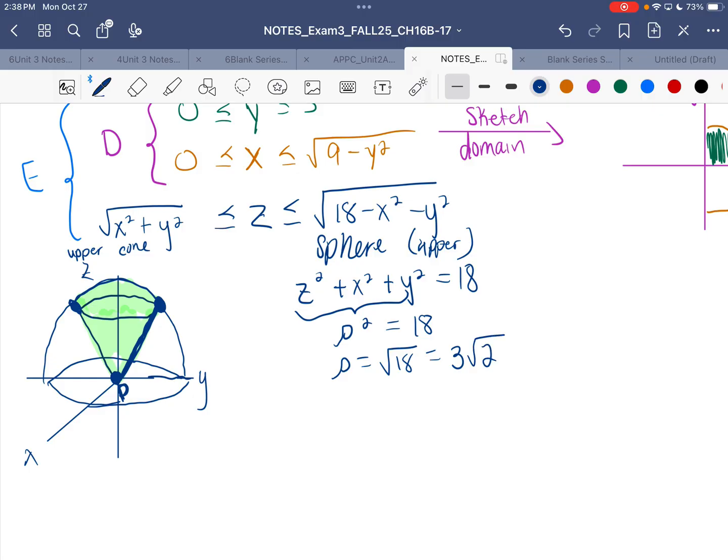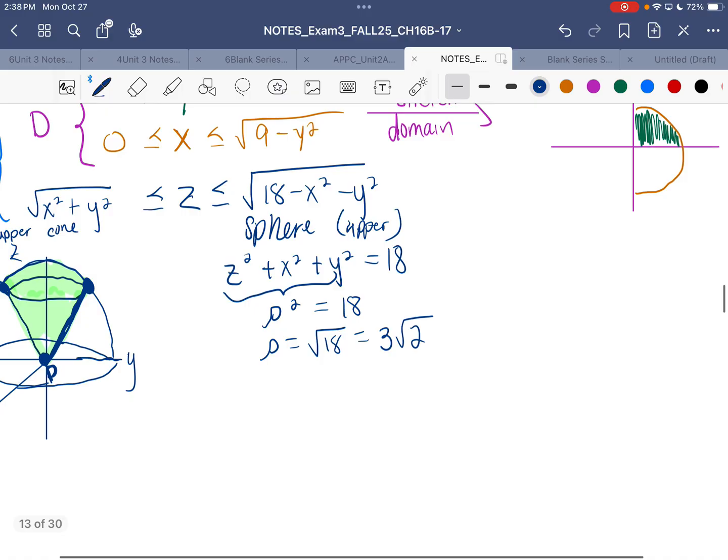I'm rationalizing the radical to help us solve for phi. So I'm rationalizing for a reason. Rho is between 0 and 3 square root 2.